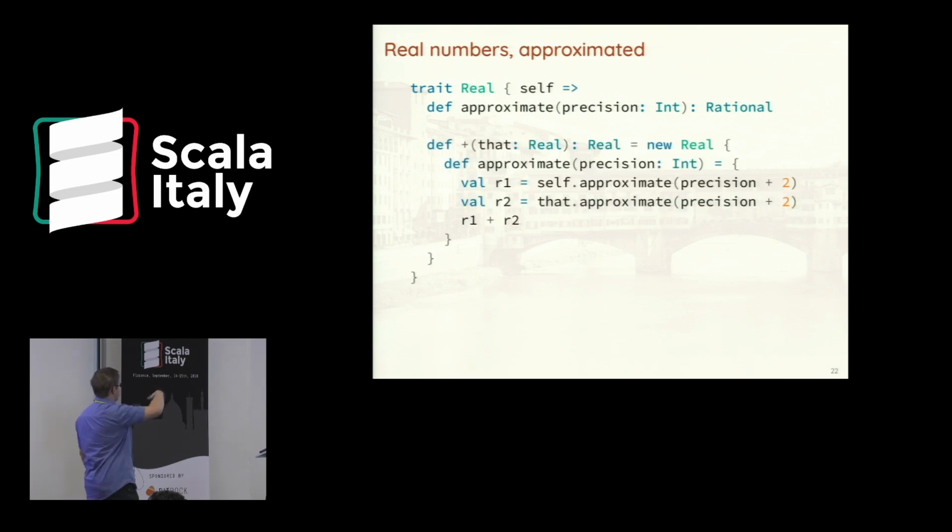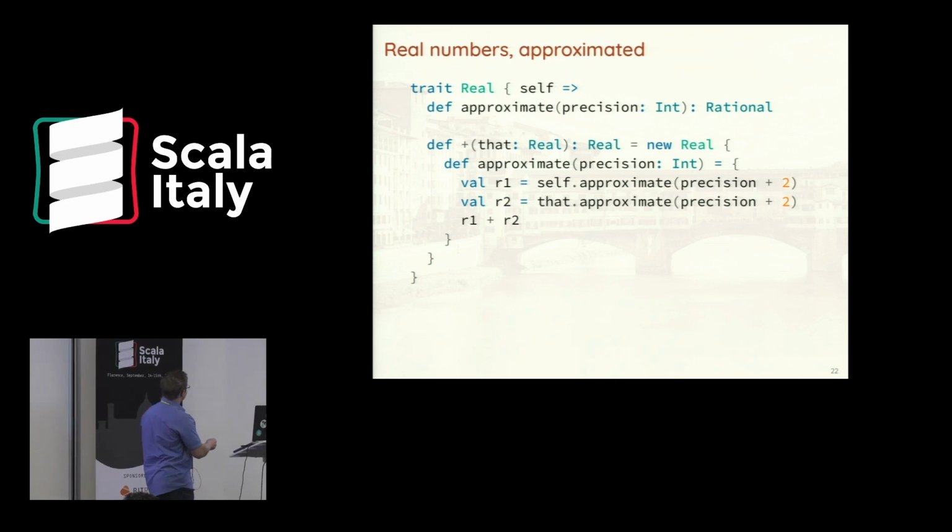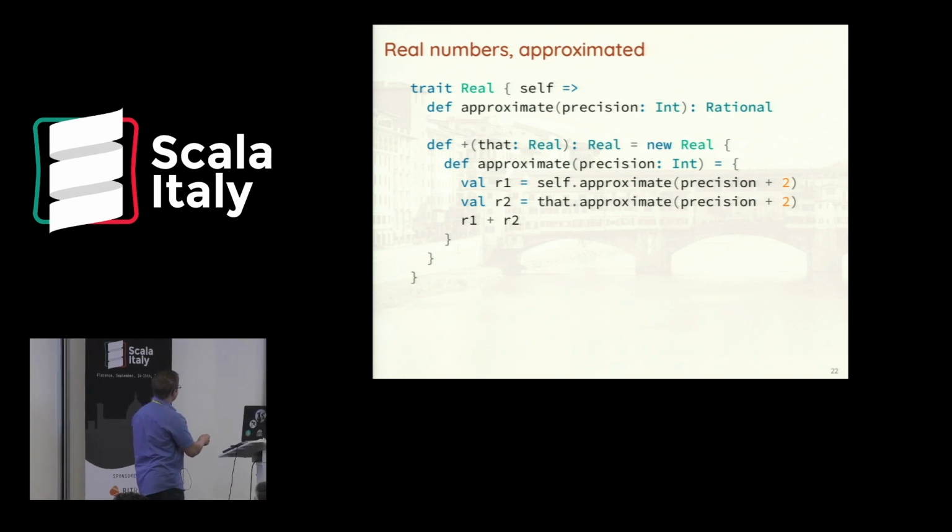And then you can implement all of these functions, all of these methods, completely generically. So as you can see, this is a trait. And that trait has no implementation for approximate. But we can implement the plus operator. And how does this work? Well, we have one real number, self, and we have another real number, that. And we want to compute that to a precision that's given here.